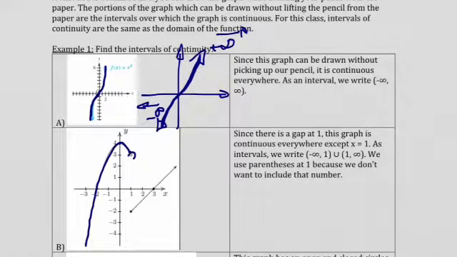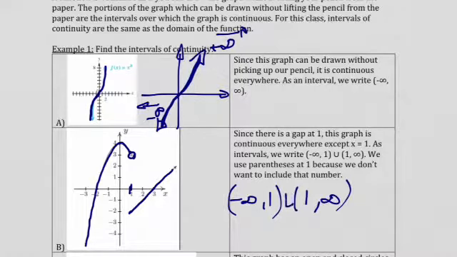I have an open circle and a solid dot right there at x equals 1. So this is why we are going to have minus infinity to 1 and then 1 to infinity, with a union in between. Why do I have a parenthesis nearby the 1? Because 1 cannot be a solution as we have a jump.